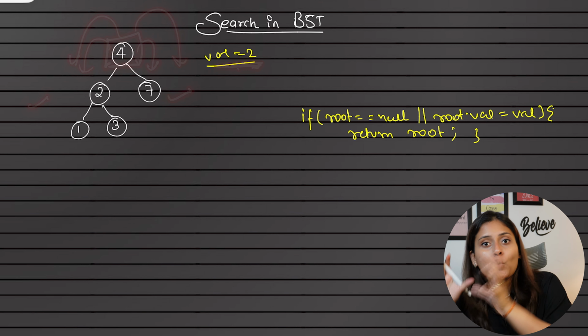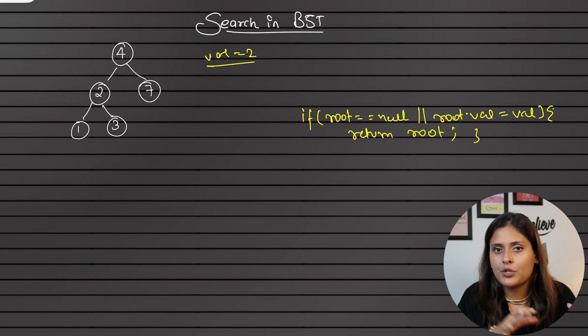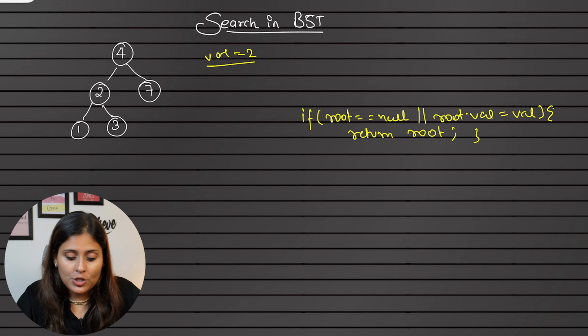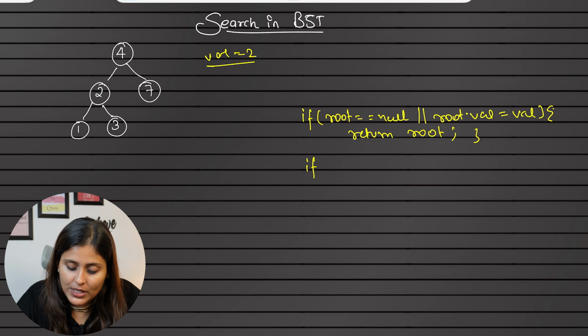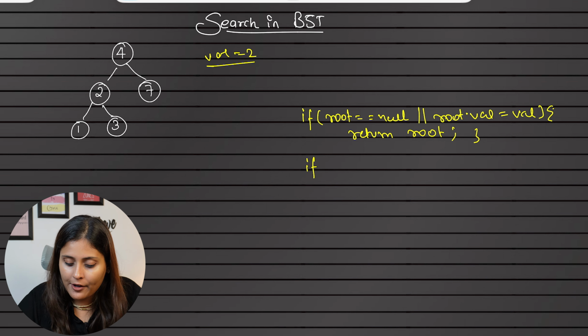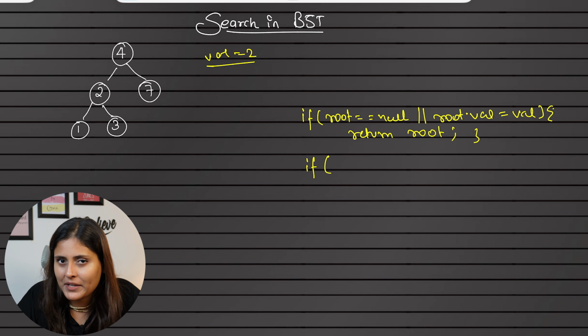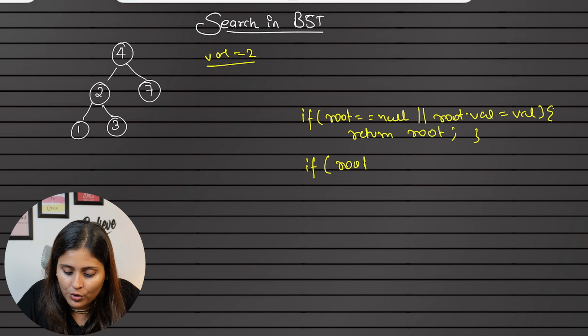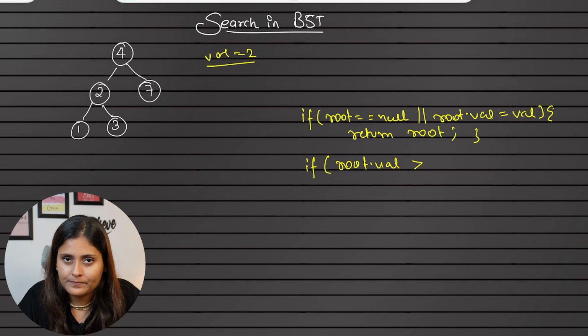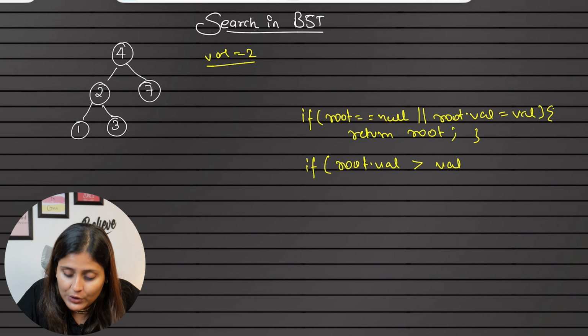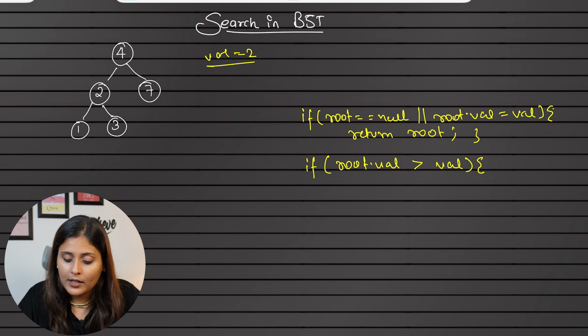So for sure 2 will exist in the left subtree instead of the right. So instead of checking the whole tree, we'll check only the part where it can possibly be present. So if my root dot value is greater than the value, meaning the value is smaller, then I'll go towards the left side.